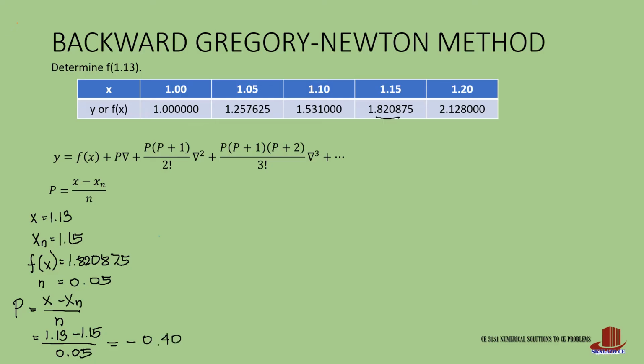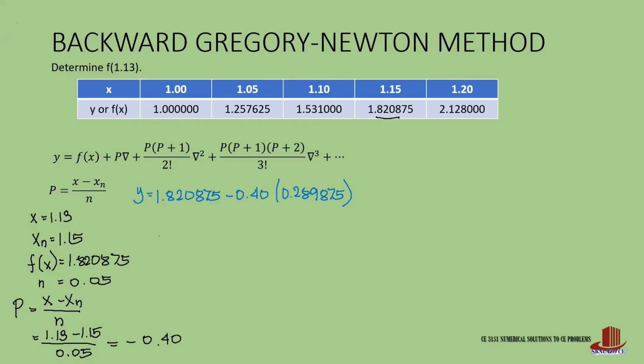Now we are ready to plug all of our values into the long equation. So y is equal to 1.820875 plus p of negative 0.4. So let's just make this minus. And nabla earlier shown as 0.289875.